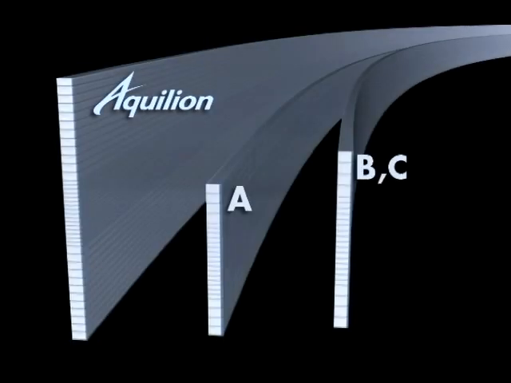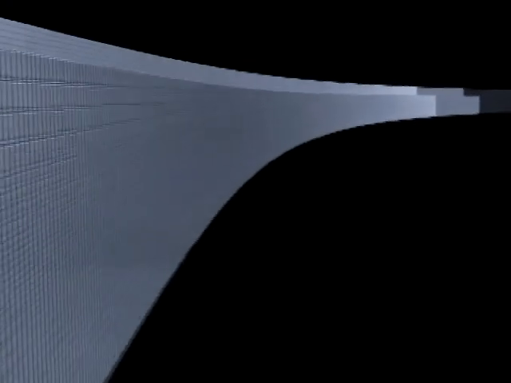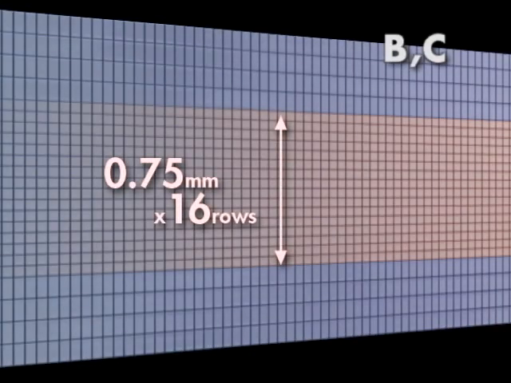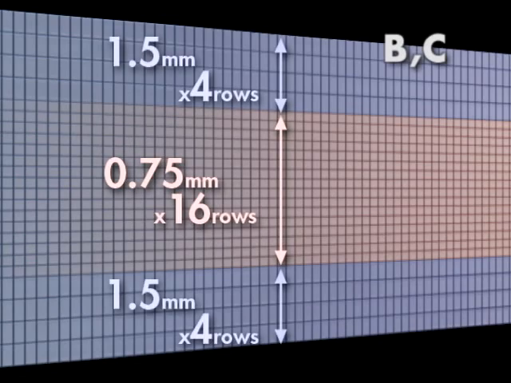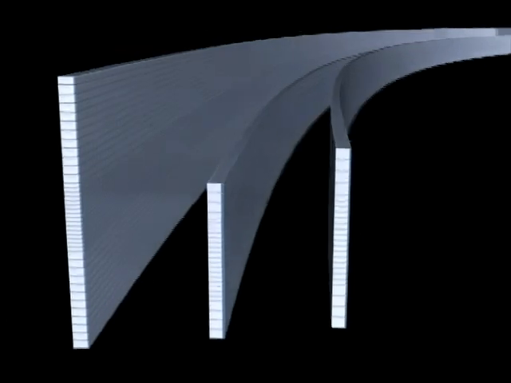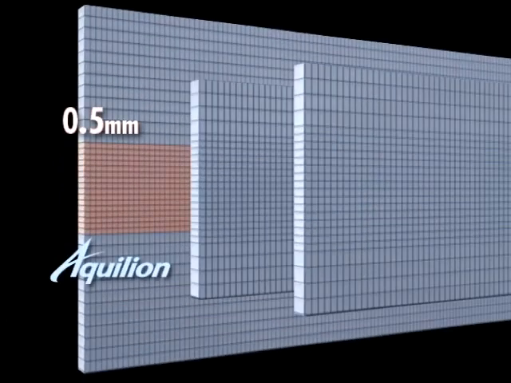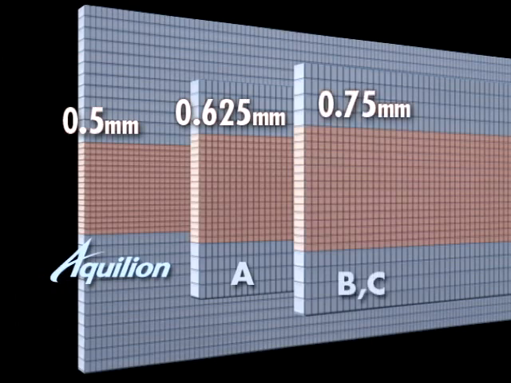Finally, the detectors of makers B and C. 16 rows of 0.75 mm slice detectors in the center and 4 rows of 1.5 mm slice detectors on either side, also for a total of 24 rows. Three kinds of detector: 0.5 mm, 0.625 mm, and 0.75 mm.